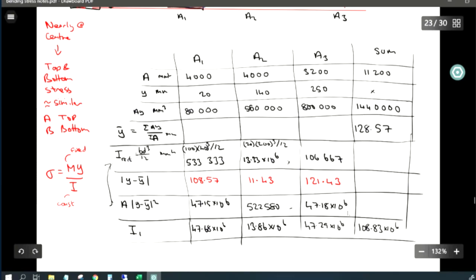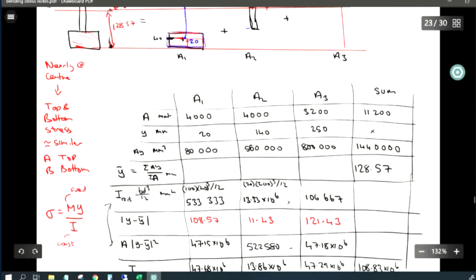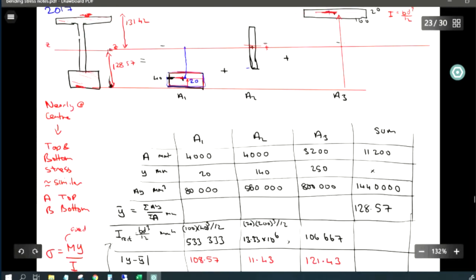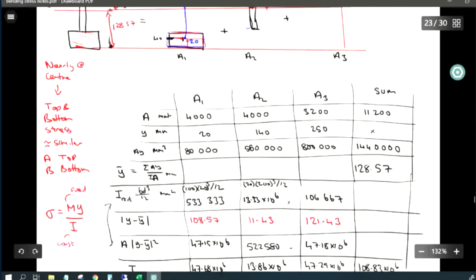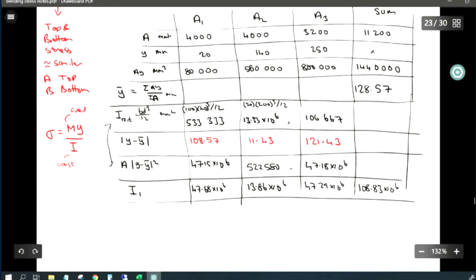Okay, so you can see the I value of the bottom part and the top part are more or less the same. They're more or less the same distance from the center, and they have roughly the same I value. And then the I value of the middle bit is smaller because it's not as far away. So if we add those together, we get the I value.